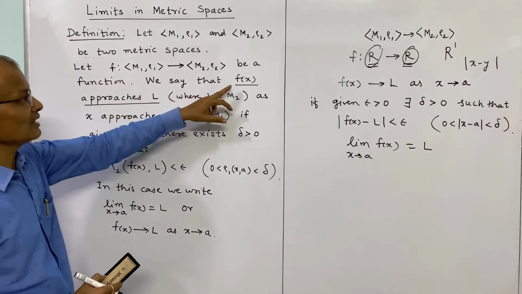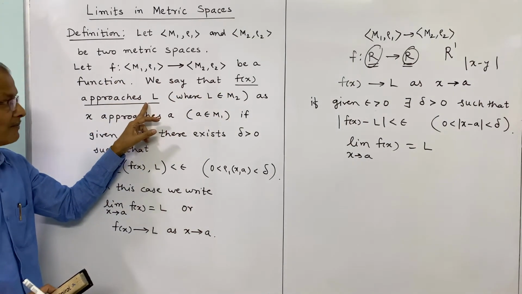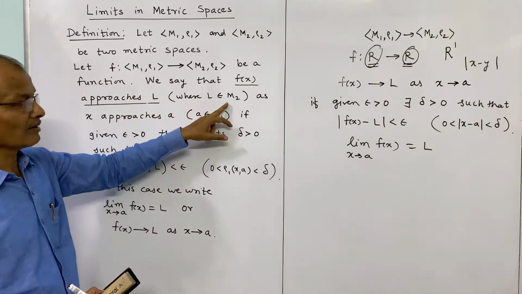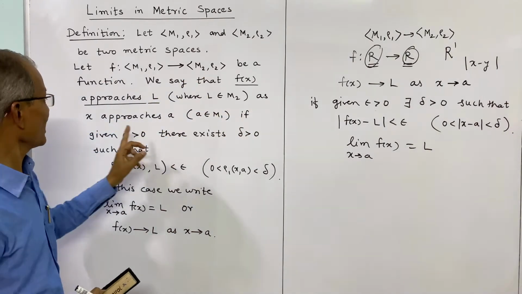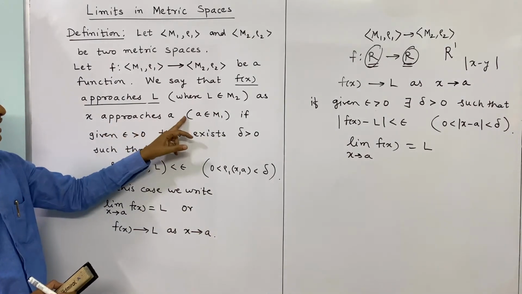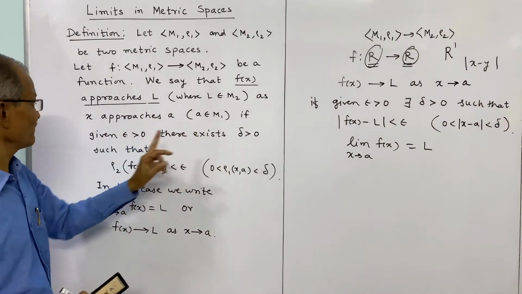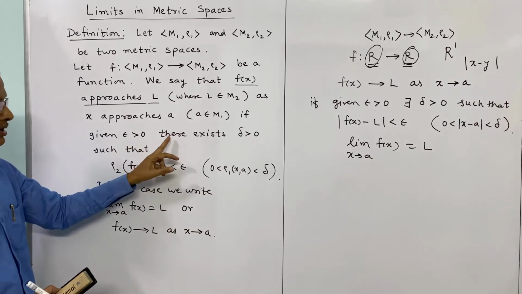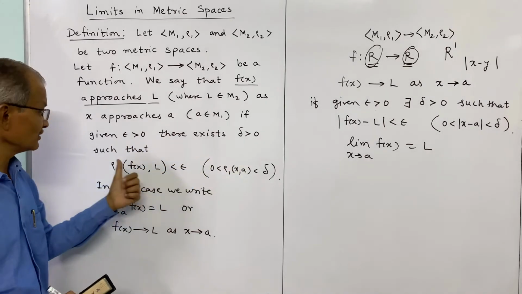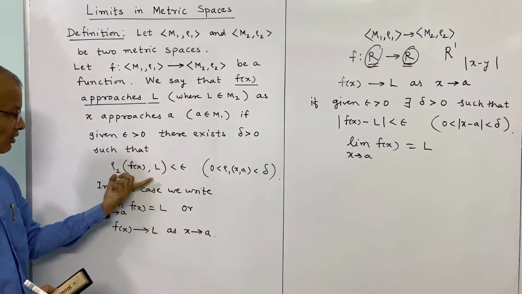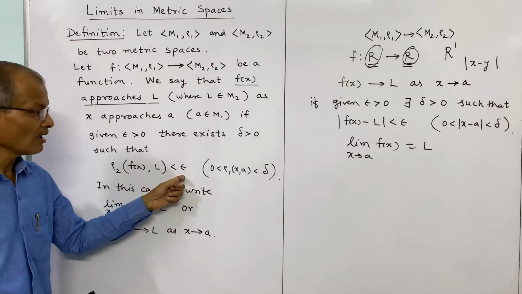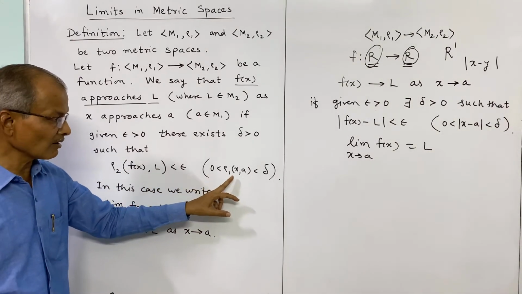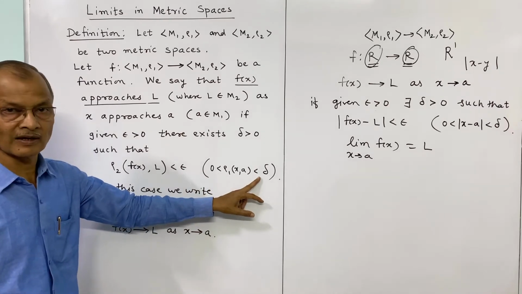We say f(x) approaches L, where L is in M2, as x approaches A in M1, if given epsilon greater than 0, there exists delta greater than 0 such that rho 2 of f(x) and L is less than epsilon whenever rho 1 of x and A is less than delta.